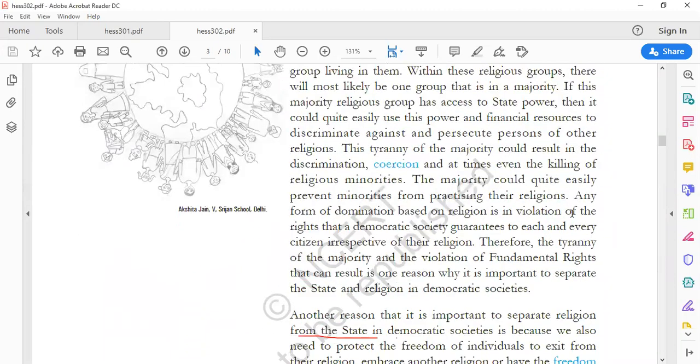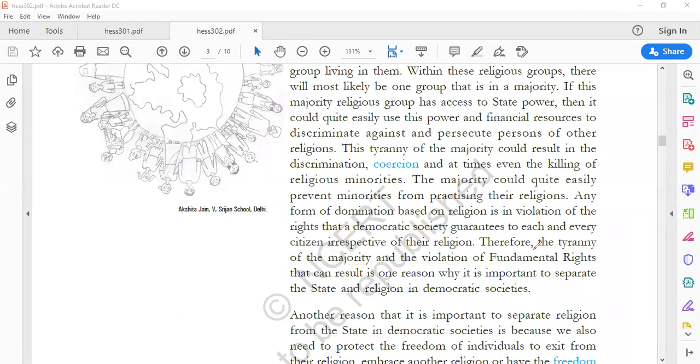Okay, any form of domination based on religion is in violation of the rights that a democratic society grants to each and every citizen irrespective of religion. So obviously the rights given by the constitution are violated here. Therefore the tyranny of the majority and the violation of fundamental rights is one reason why it is important to separate state and religion in democratic societies.